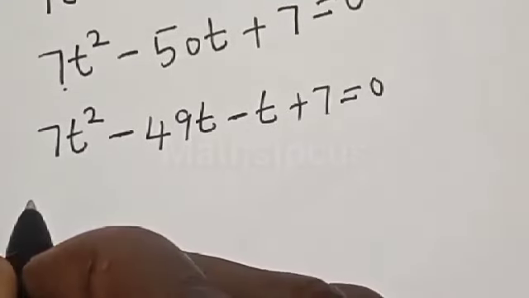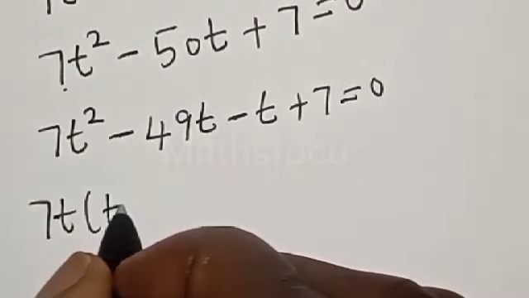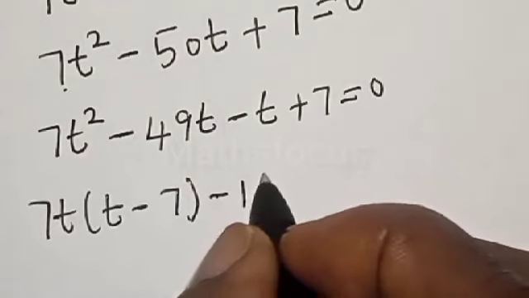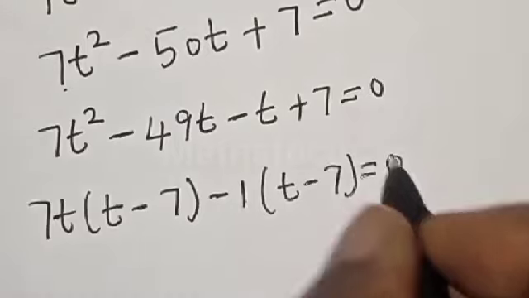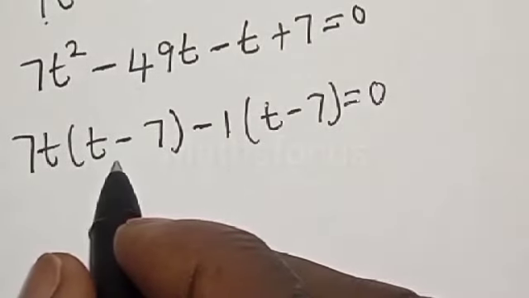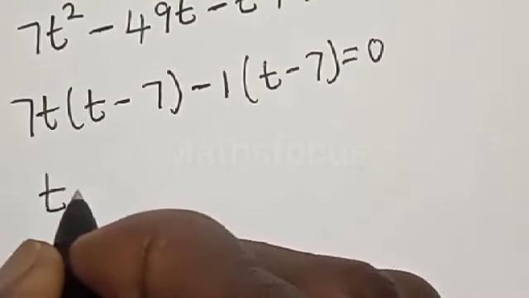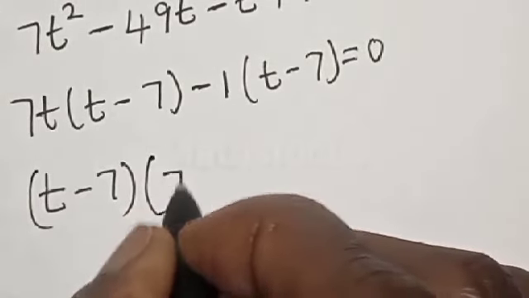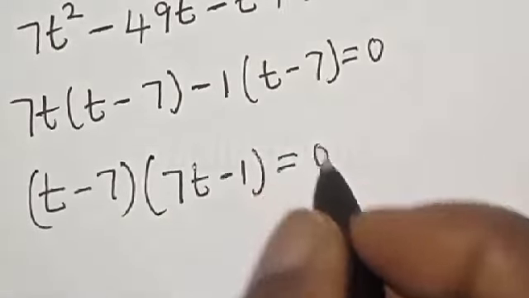So we have 7t into t minus 7 minus 1 into t minus 7 is equal to 0. Now 7t here, minus 1 here. We have t minus 7 here, t minus 7 here. Now this is t minus 7 multiplied by 7t minus 1 is equal to 0.